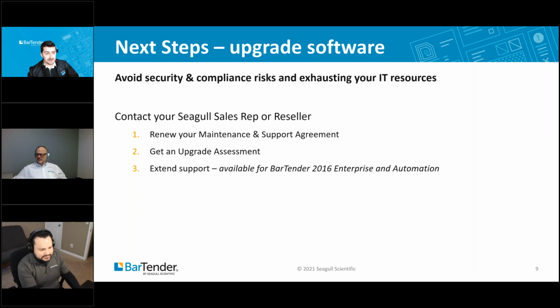Number two, get an upgrade assessment from Manny and his team. Or number three, if you have BarTender 2016 Enterprise and Automation, you can extend your support for a little bit longer, so you don't have to worry about that April 30th deadline for end of support.